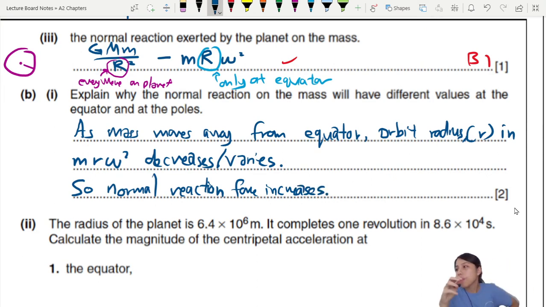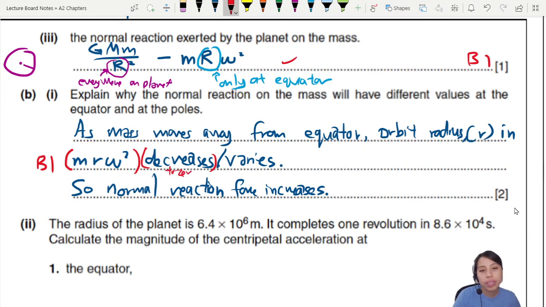Alright, so one idea the mark scheme is looking for is your understanding that the m r omega square term is changing or varying or decreasing. So you have to talk about the r, the orbit radius, in m r omega square. That's the first point. The second point is that it becomes smaller, so decreases, or you say to 0 as you go closer and closer to the pole. All the marks are there. No mark for normal reaction force.